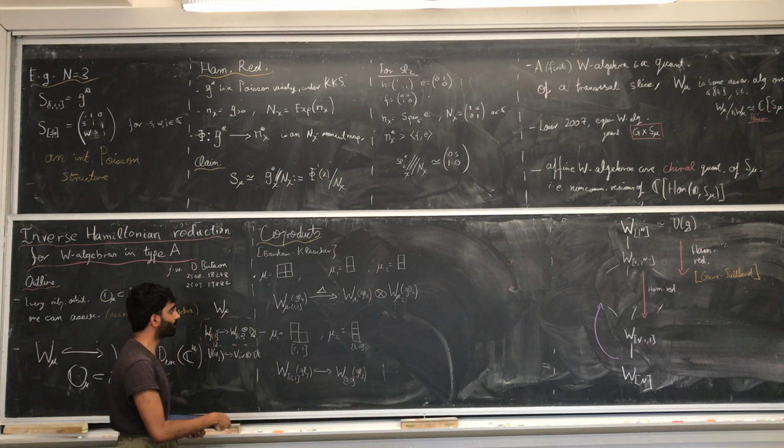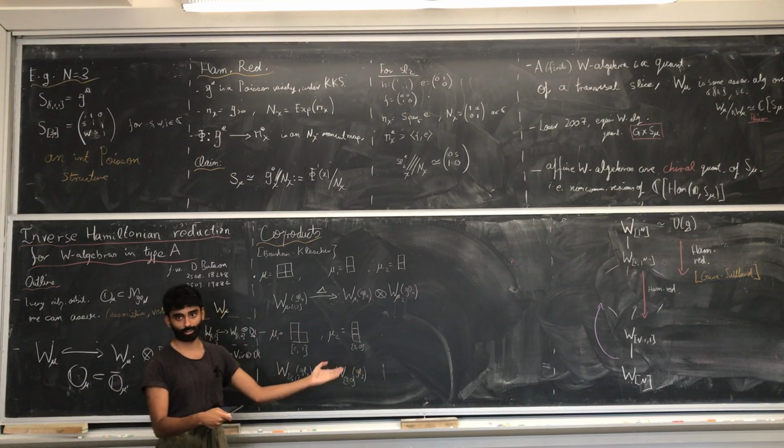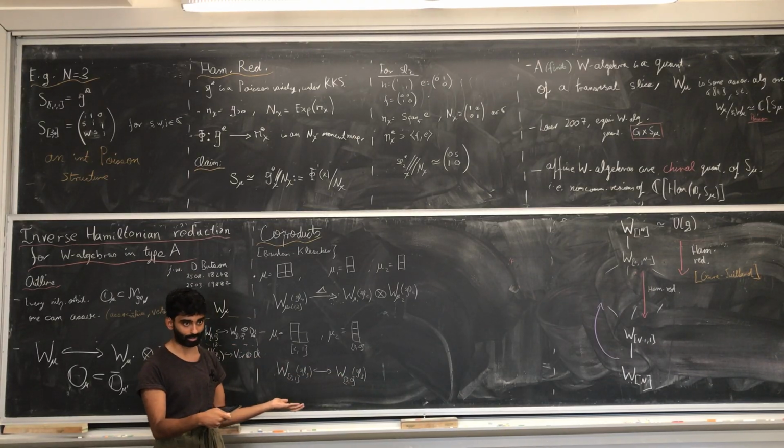But the difference compared to here is that the remaining thing is not a partition. If I take this and I subtract this off, I'm not going to get a partition. This has a negative entry.